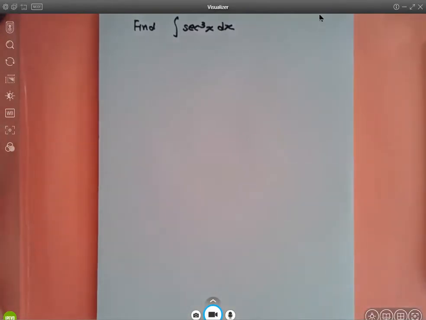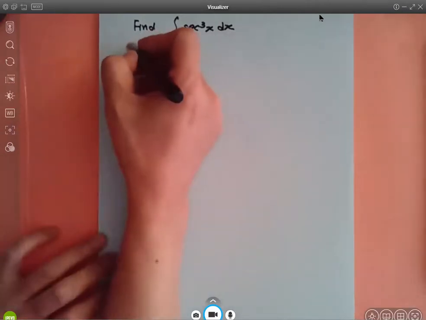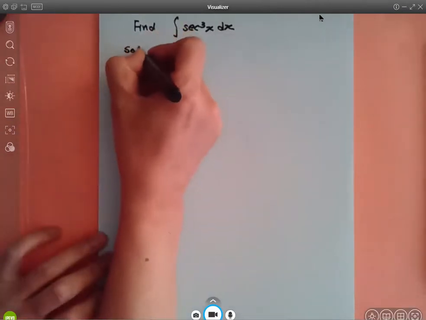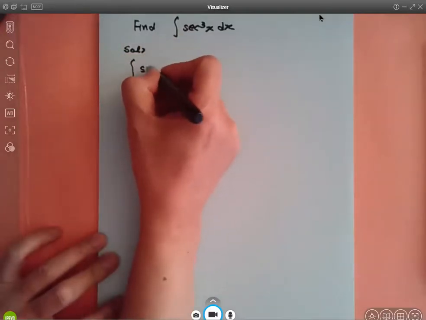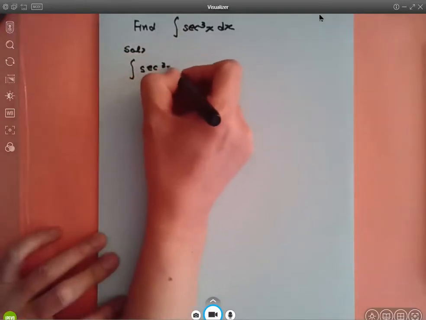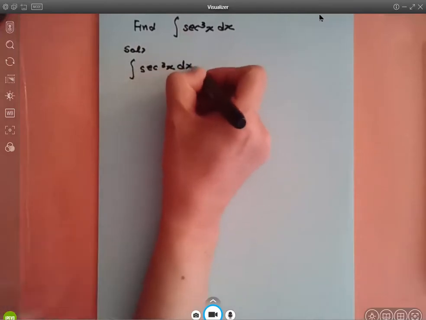This problem is the most complicated problem in this section. We have the integral of secant cubed x dx.